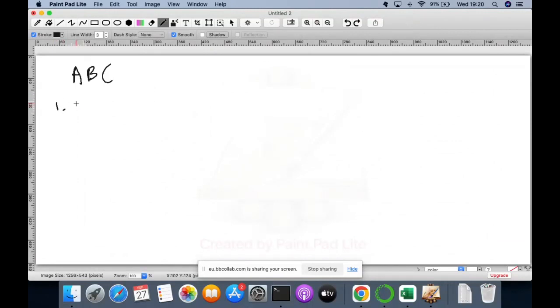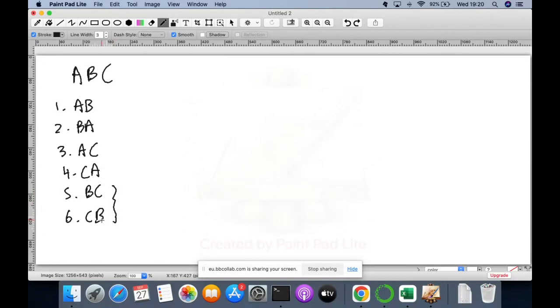Well, let's look at one possibility: A and B. The next possibility is B and A. The third possibility is A and C. The fourth possibility is C and A. The fifth possibility is B and C, and the sixth possibility is C and B. So you can see here, the order does matter.